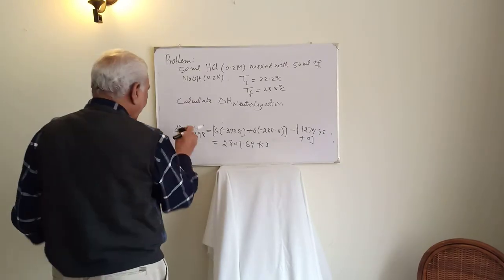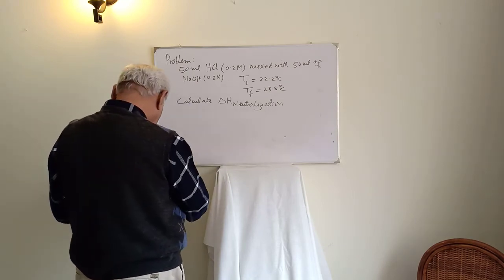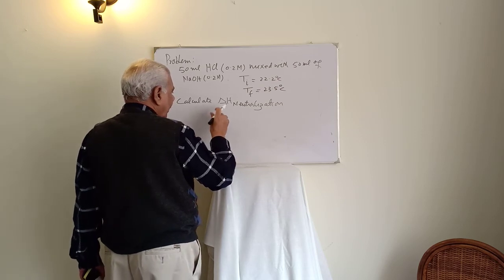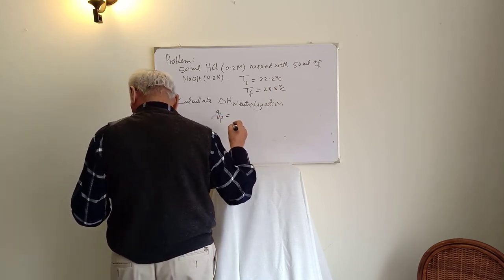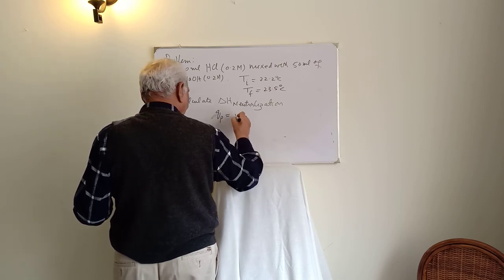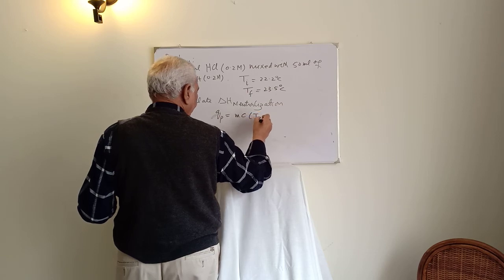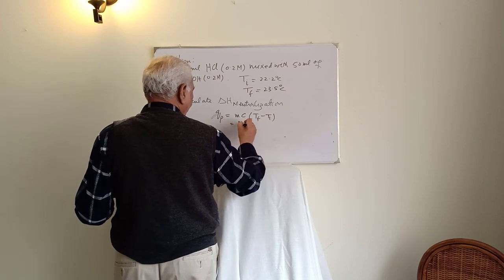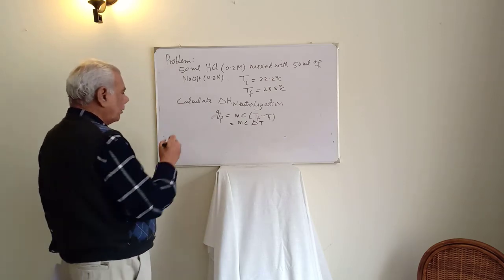Okay, so in this case, we have QP is equal to MC (TF minus TI) or MC delta T. Right.